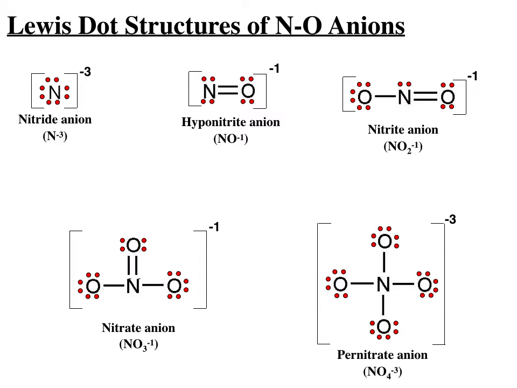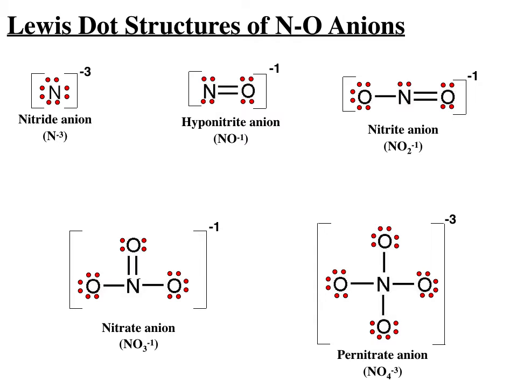Finally, I talk about the pernitrate anion, which is a little bit weird. Usually these names go along with the same oxidation number. In this pernitrate anion case I'm showing, the central nitrogen gains 3 electrons, and so that completes the octet on the central nitrogen, leaving 8 electrons around it.